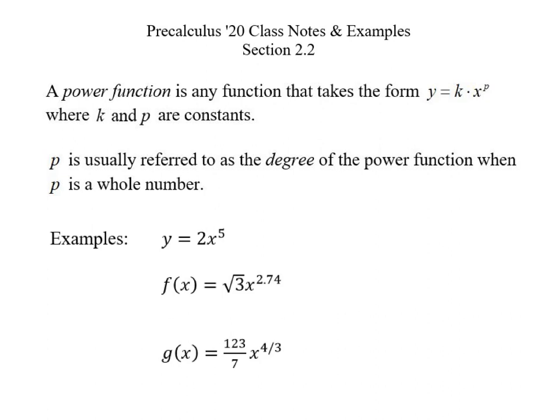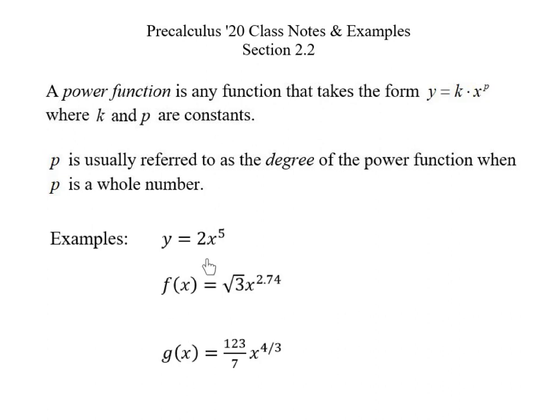The exponent on the variable is a lot of times referred to as the degree of the power function, but that's only if that exponent is a whole number, which is most of the time what we're going to deal with in this chapter. So that's a good thing.